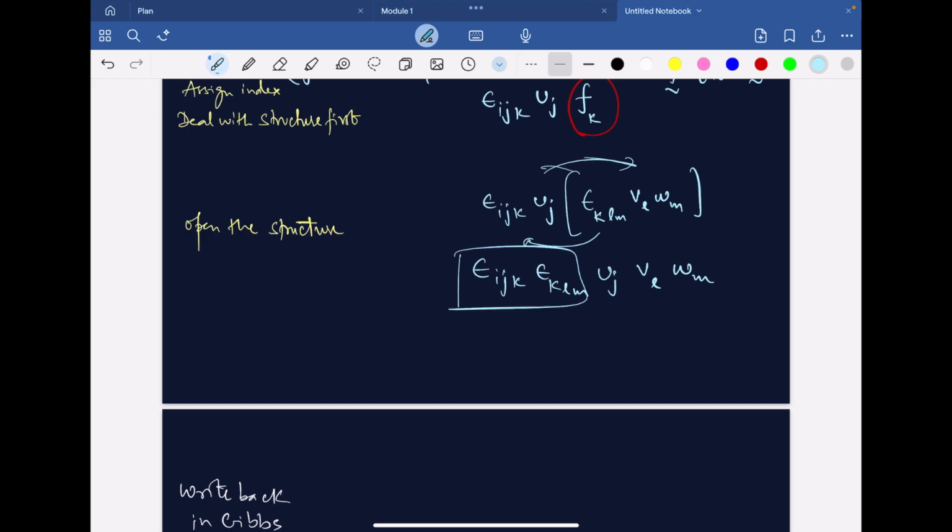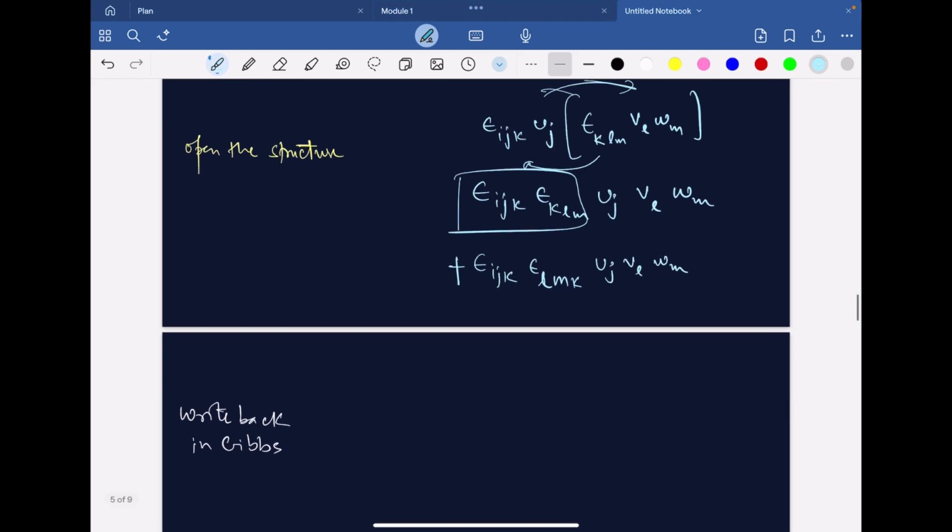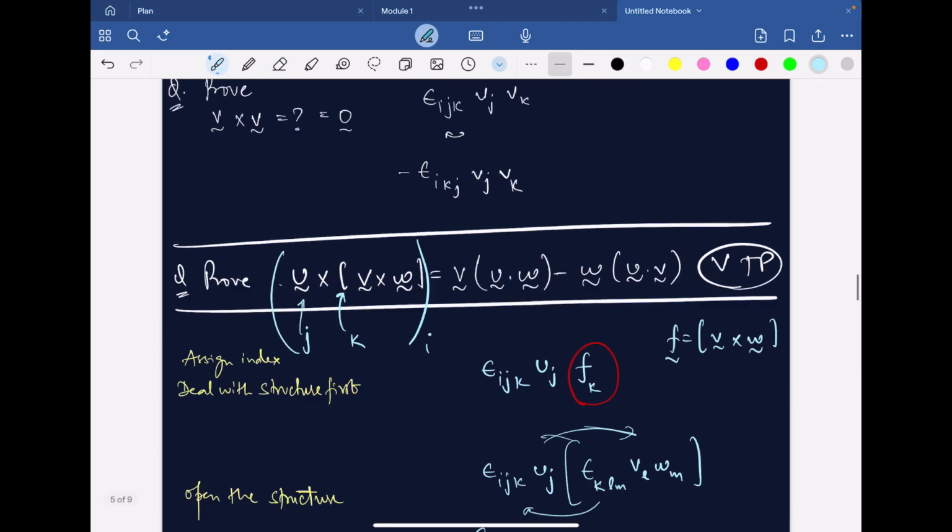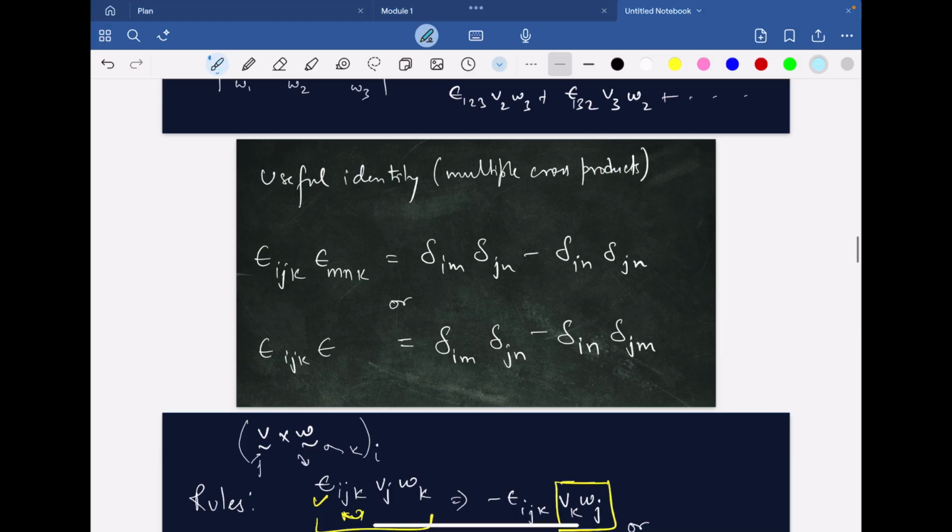Now I already told you a property of this. There is a repetition, so epsilon ijk, epsilon klm. Let me write it: epsilon ijk, epsilon lmk, since I can make one more change. Now I can use my identity that I wrote here.